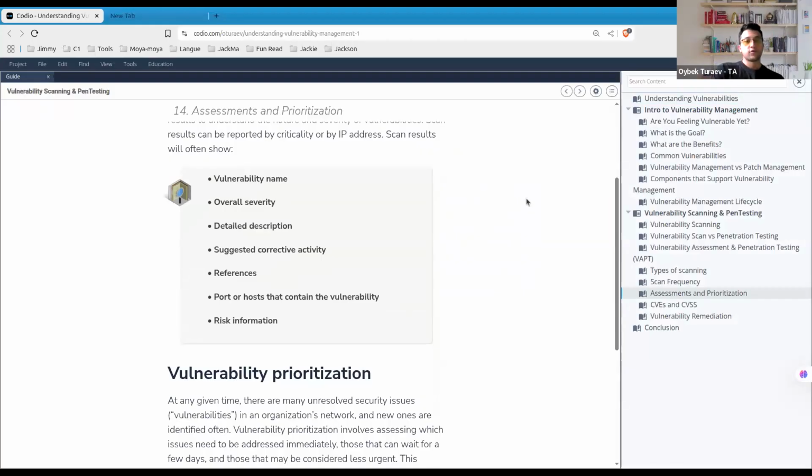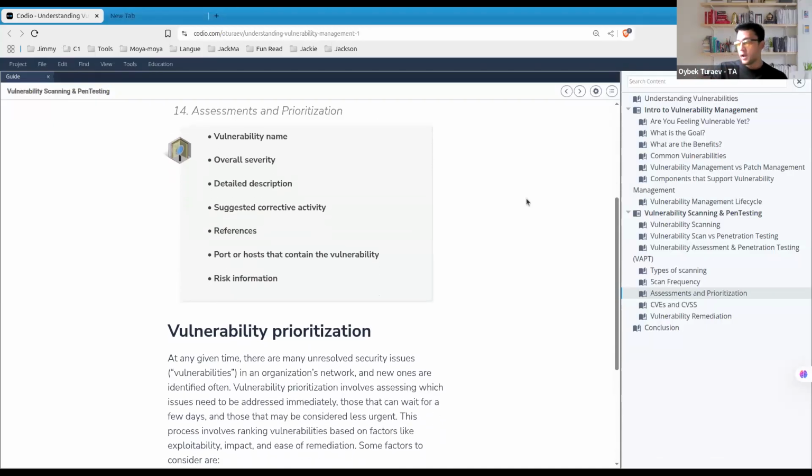They're going to give the vulnerability name, overall severity, detailed description, suggested corrective activity, and references related to the vulnerability, what technology it's associated with, what protocol, and the risk information. This is brief information which we can find in each vulnerability report form.